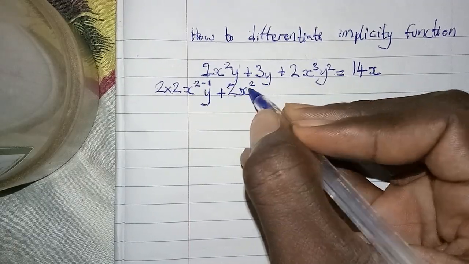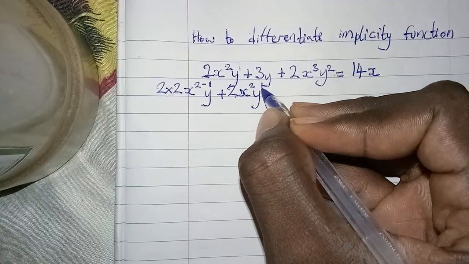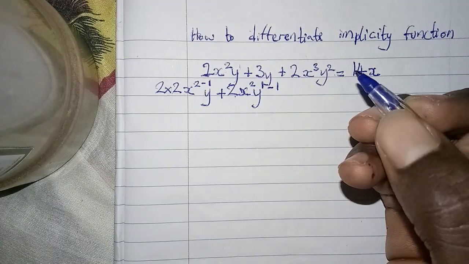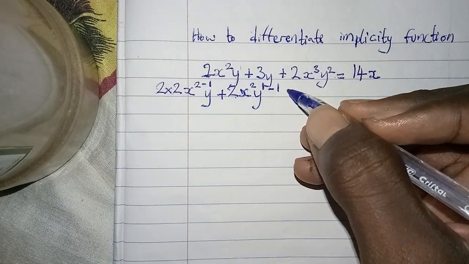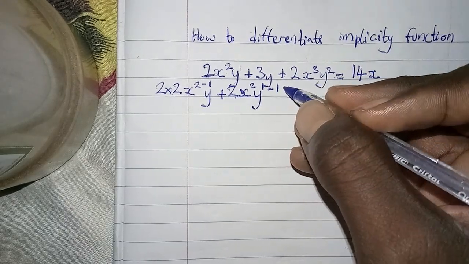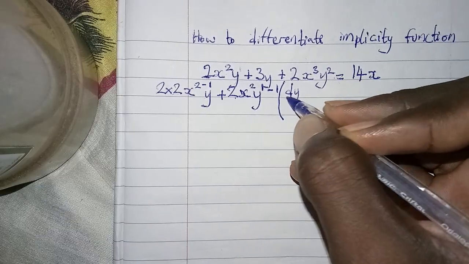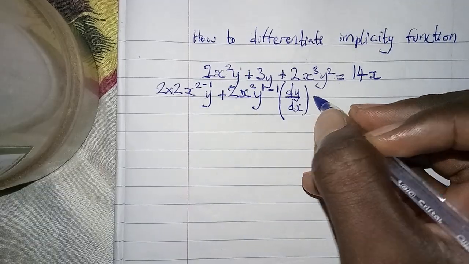Then you bring your x squared. Then y, 1 minus 1. So when you are dealing with the y, you bring your dy/dx attached to the y. So let's go to the next one.